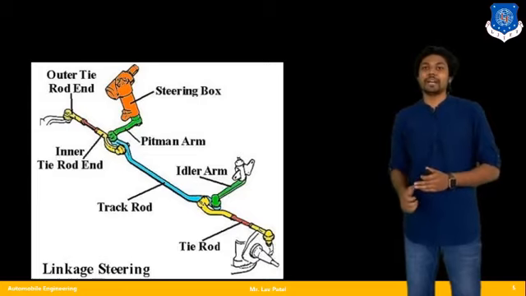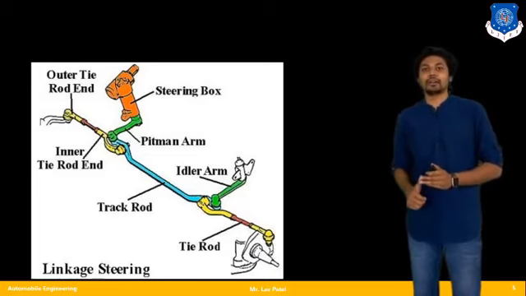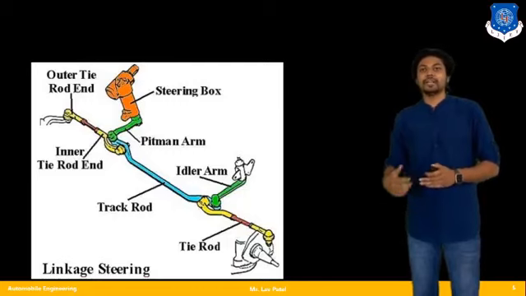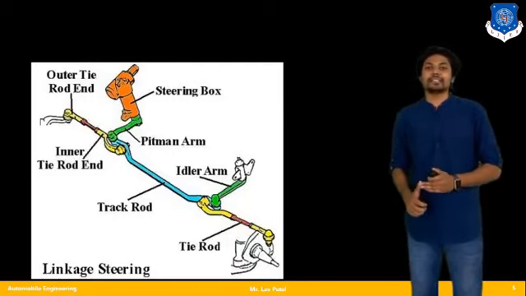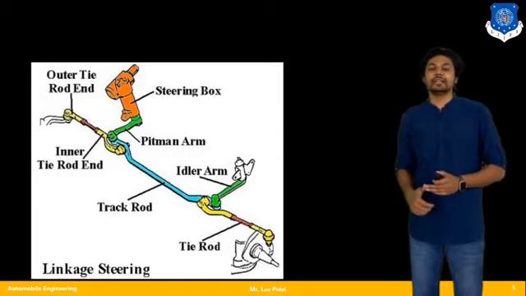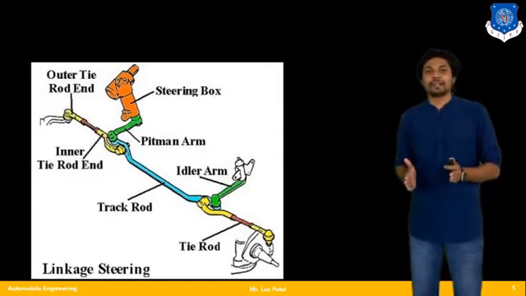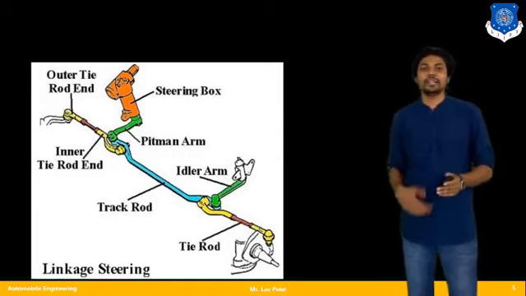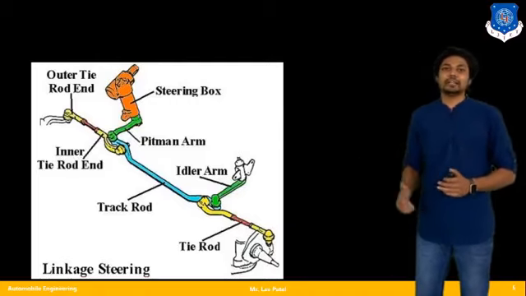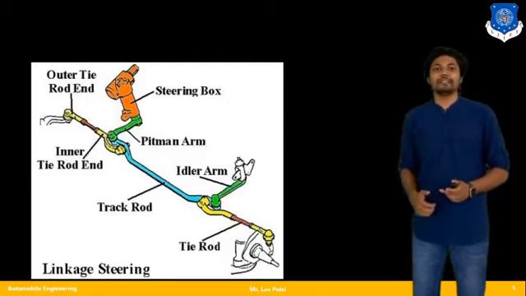From that pitman arm you will find a track rod which can move left or right side according to the movement given by the driver, and from that track rod the tie rod is attached with the ball joint, and that is connected with my front wheels. So according to that my front wheels are going to react as per the direction given by the driver. So this is the typical image of a steering mechanism.